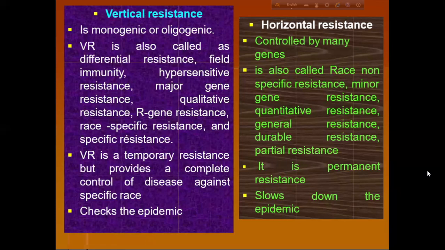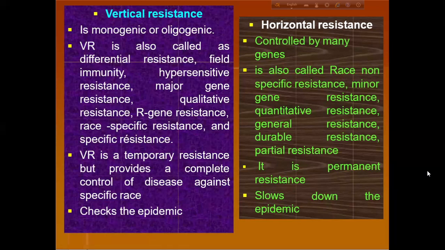Vertical resistance is temporary resistance, but provides a complete control of disease against a specific race. Because this resistance is controlled by one gene or two genes. If the pathogen can modify this one or two genes, then the resistance breaks down.